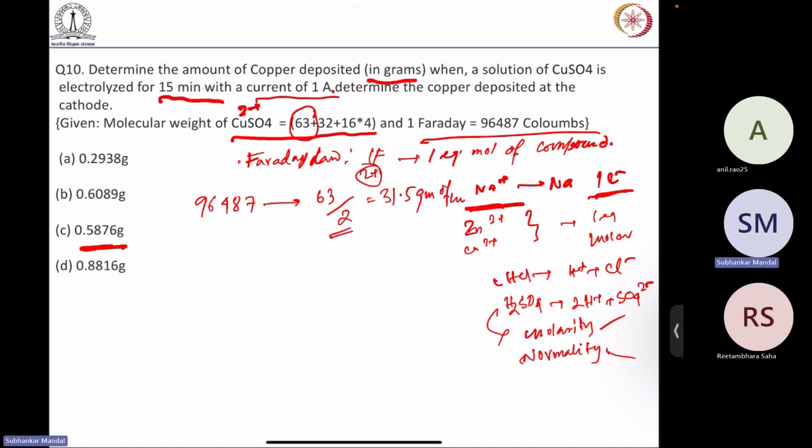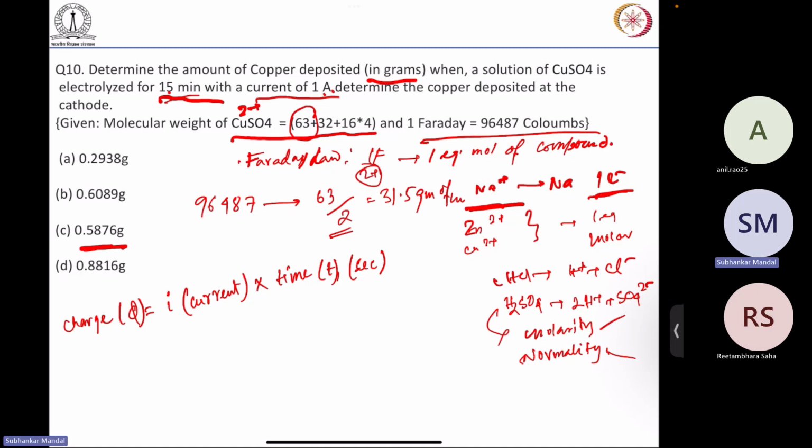Now it is given that a 1 ampere current is passed for 15 minutes. So what do you know? Q, that is charge, is I, the current, into time t, and this t is in seconds.